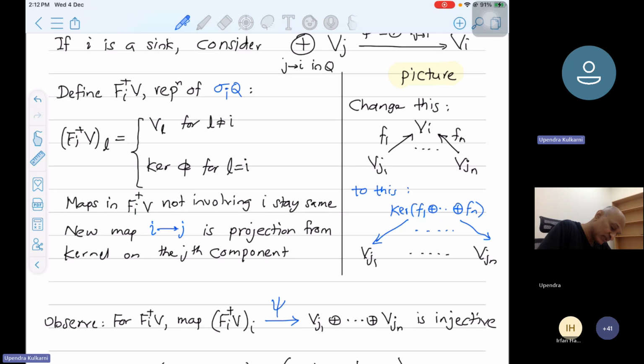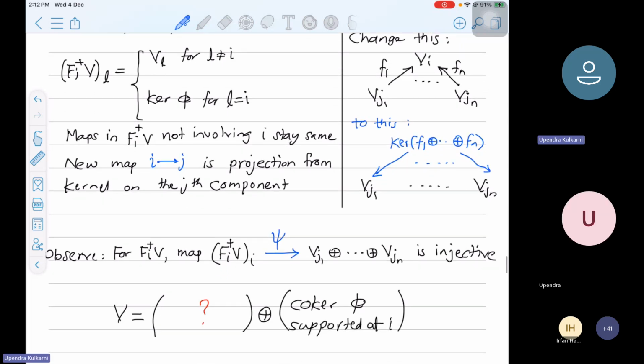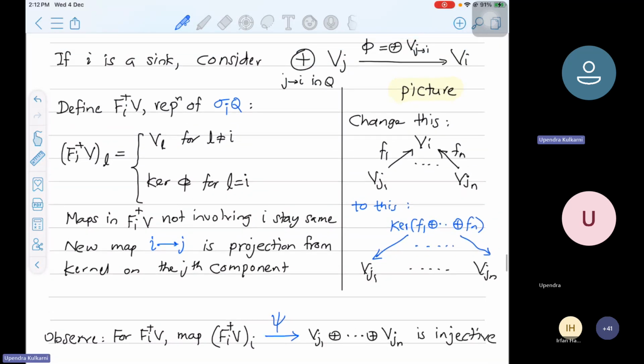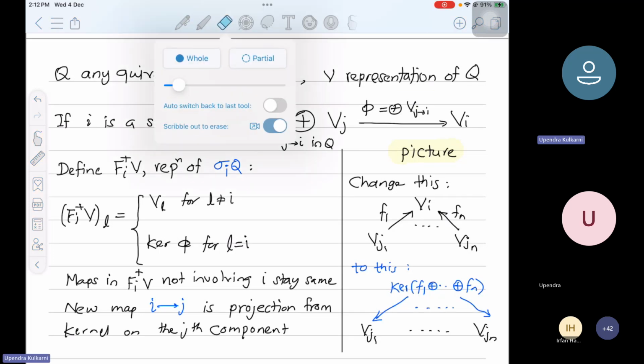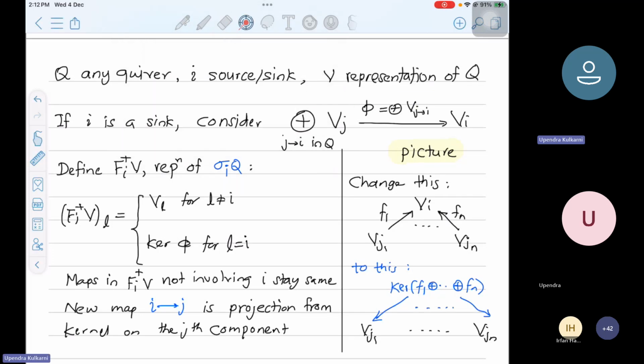Why are these observations relevant? Consider the following. In the original quiver, again observe this map phi.